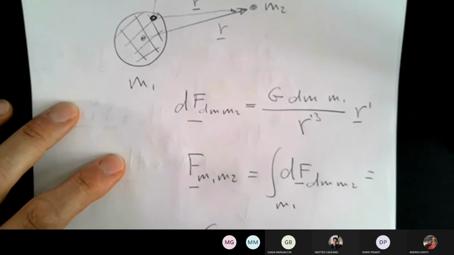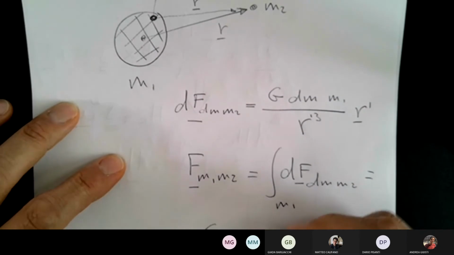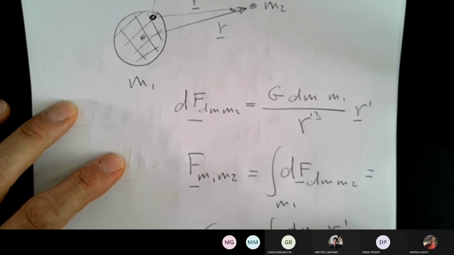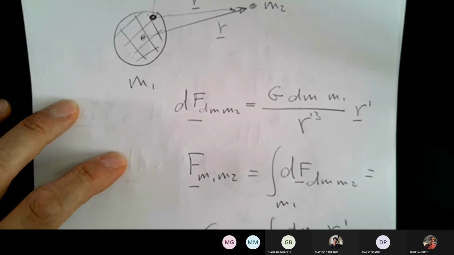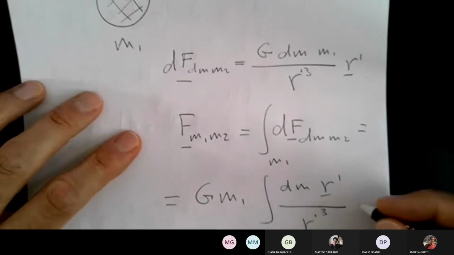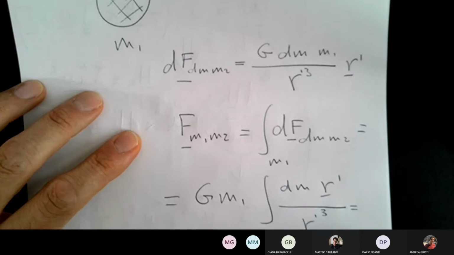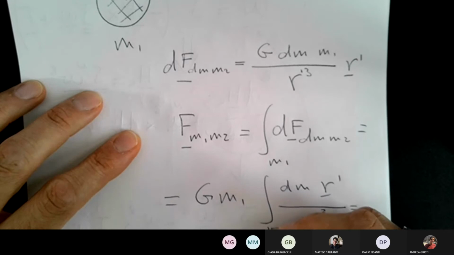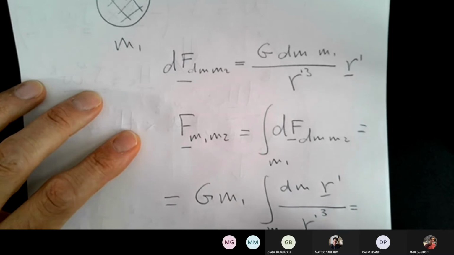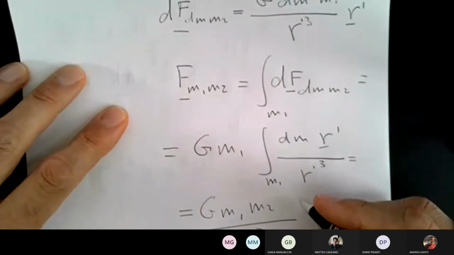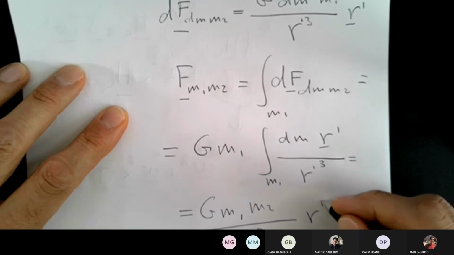You have G, M2, and then you have the integral of dm R prime over R prime cubed. And you know, this will definitely result, you can show that it will result into, well, since I'm integrating on the mass actually, it will give you, well, M1 over R cubed, R without the prime.